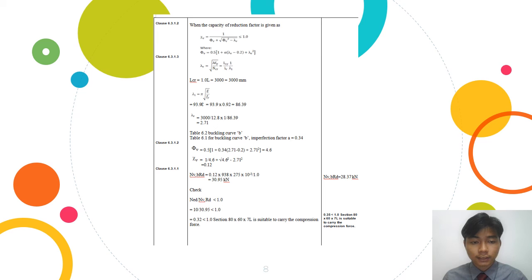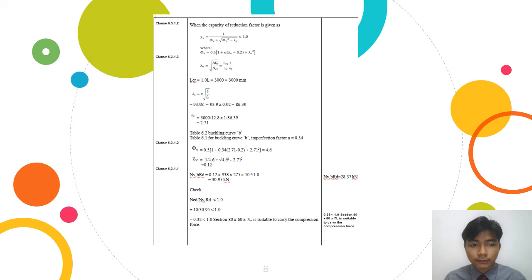Clause 6.1.3: Lcr equals to 1.0 L because this is the length. Because of the pin, we use 3 meter, turns to 3000 millimeter. This one formula we got from Eurocode. 93.9 times 0.92, so we got 86.39.